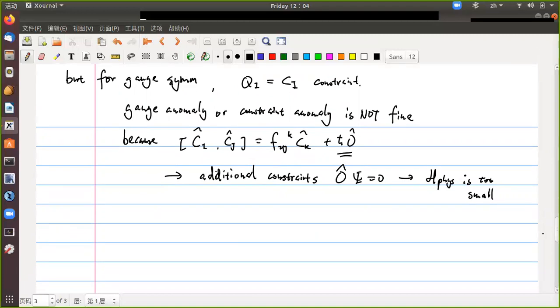Moreover, in our case the situation is even worse, because we have not only quantum anomaly but also discretization anomaly.